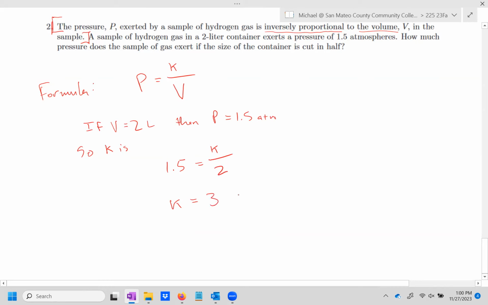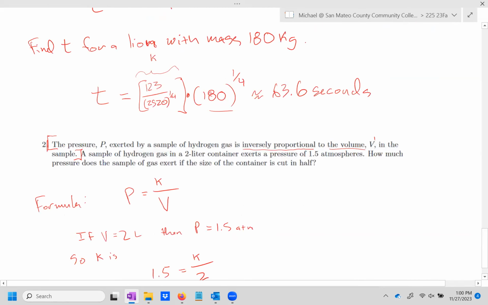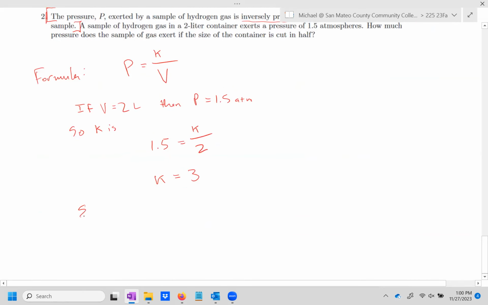Three. Okay, so our function is this. P is equal to 3 over V, okay?